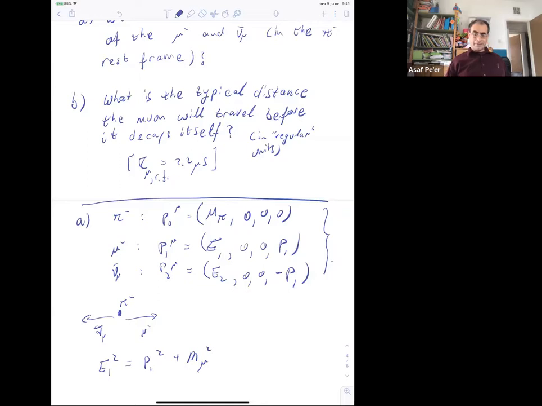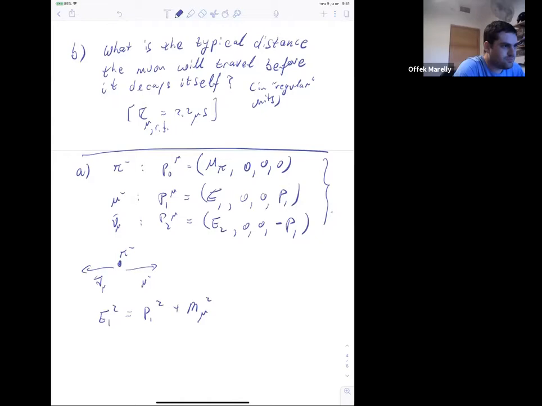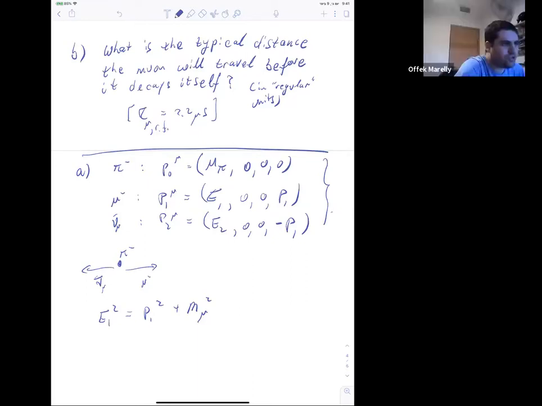Now, what do I do with the four-vectors? These are the four-vectors of momentum. What are the conservation laws that we have? Momentum. Yeah, but I would start with something even simpler: energy conservation.